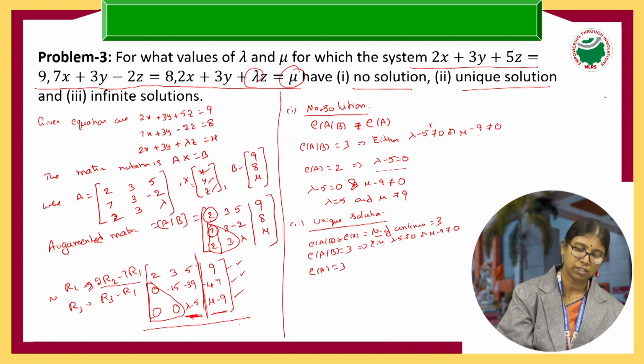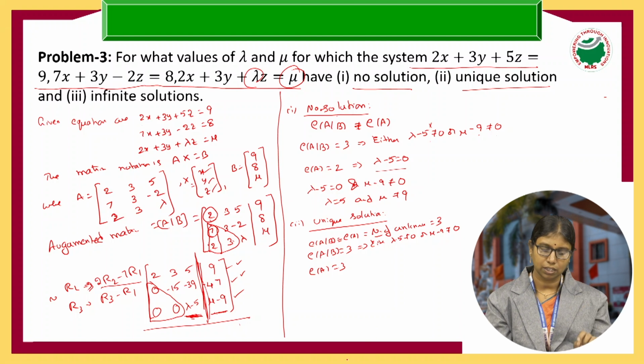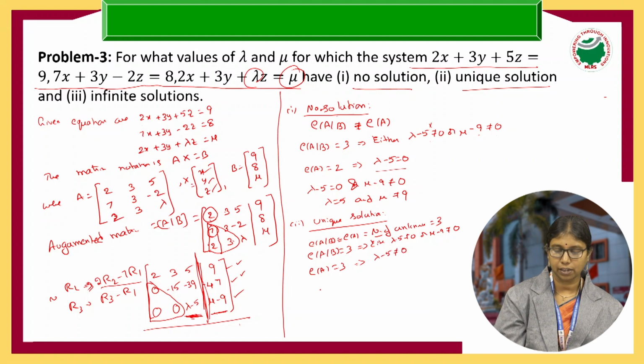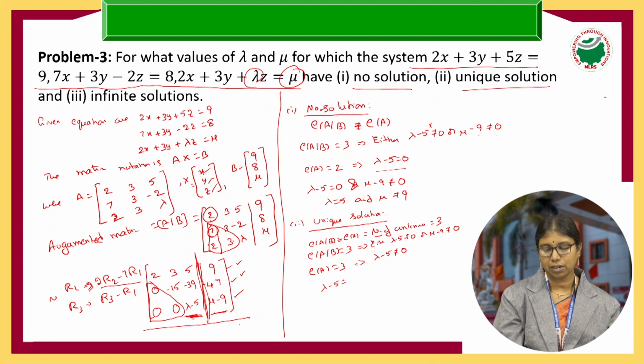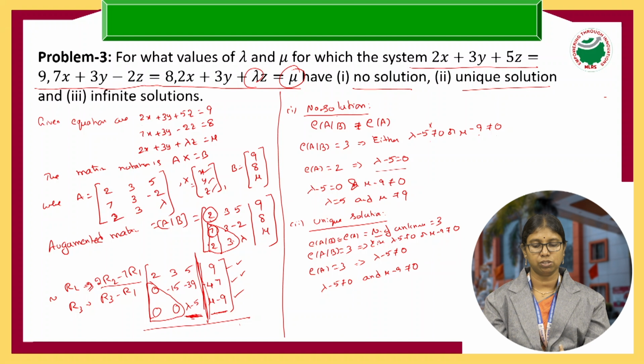Rank of A being 3 for this matrix means we need 3 non-zero rows. That means here lambda minus 5 must be not equal to 0. So by combining these two, if lambda minus 5 is not equal to 0 and mu minus 9 is not equal to 0, then we can say that the system has a unique solution.